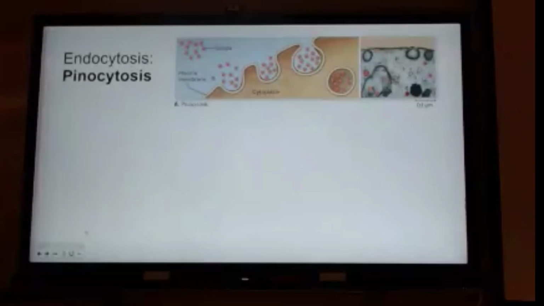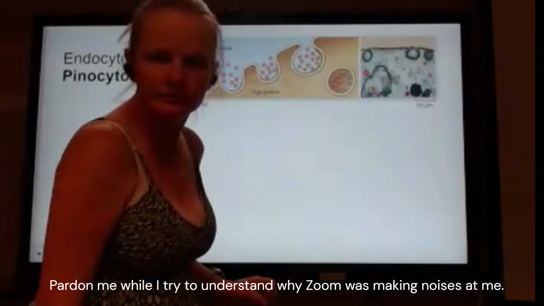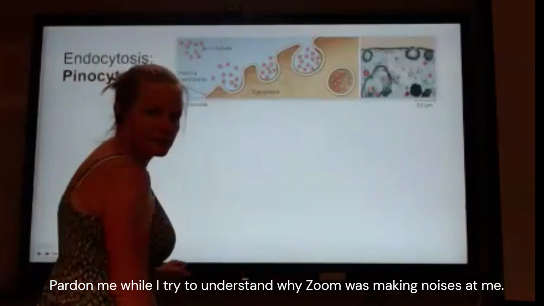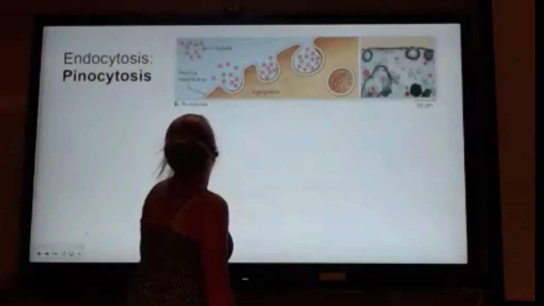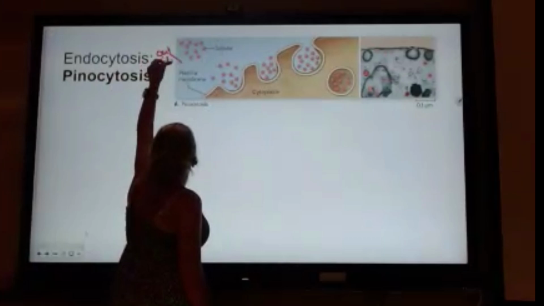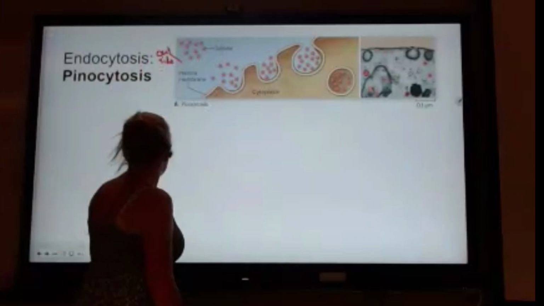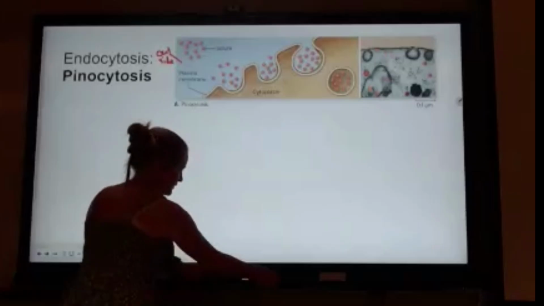Okay, so pinocytosis is where we have a bunch of small solutes in the extracellular space. So this is outside the cell. So we have all this stuff in there. So the cell is going to do the same thing.